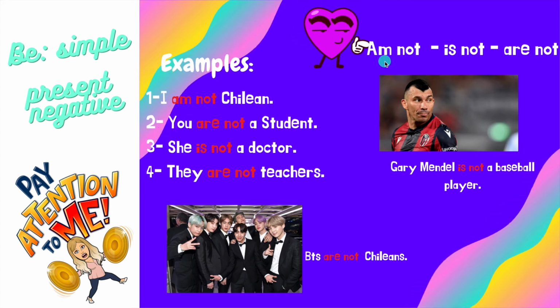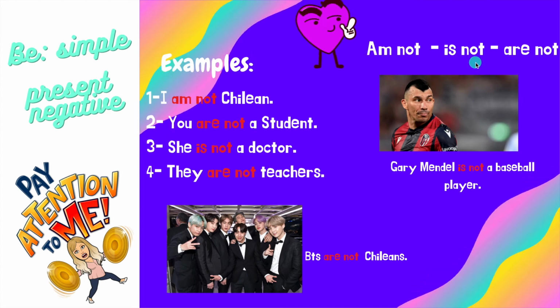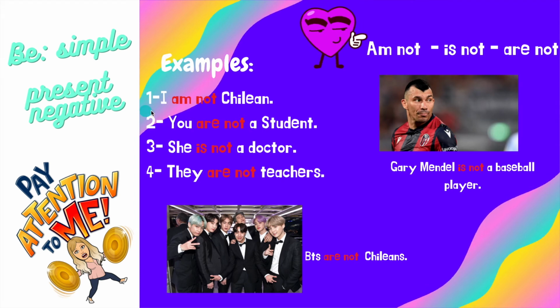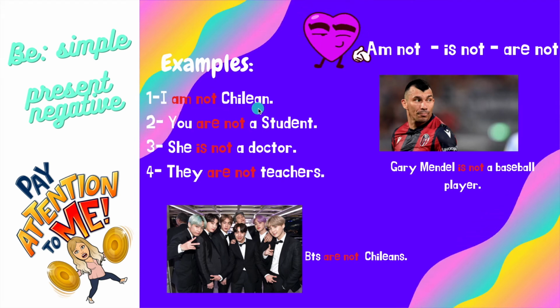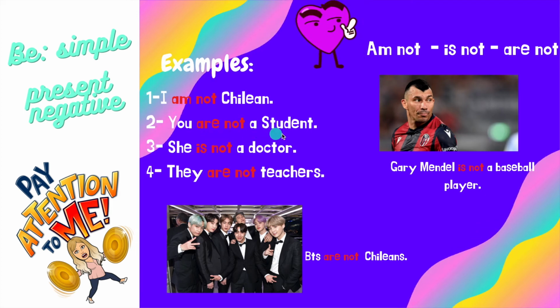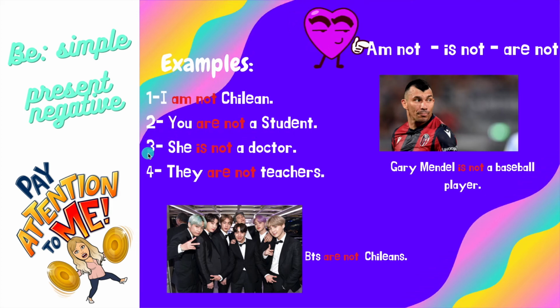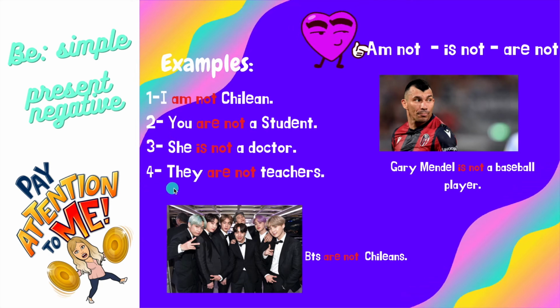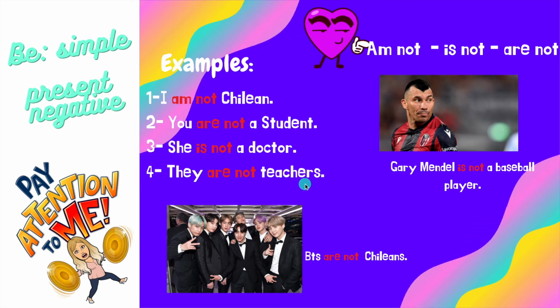As you can see here, you have am not, is not, are not. So let's begin. 1. I am not Chilean. 2. You are not a student. 3. She is not a doctor. 4. They are not teachers.